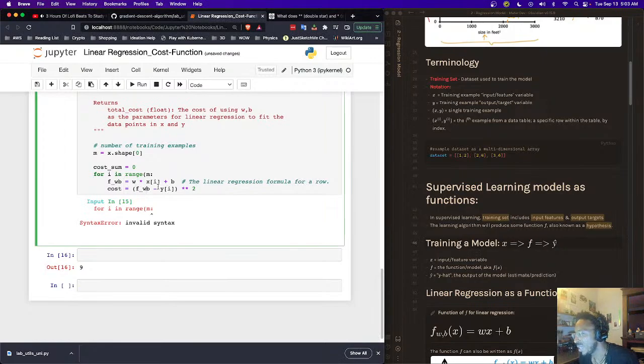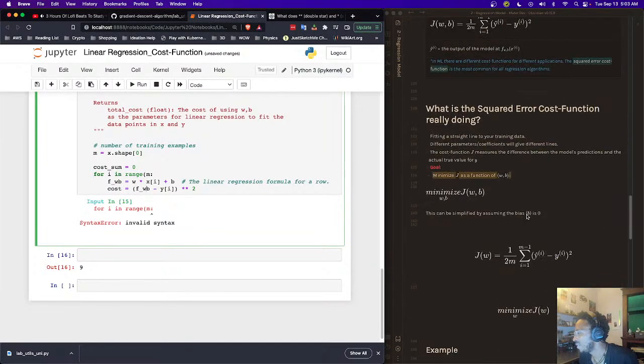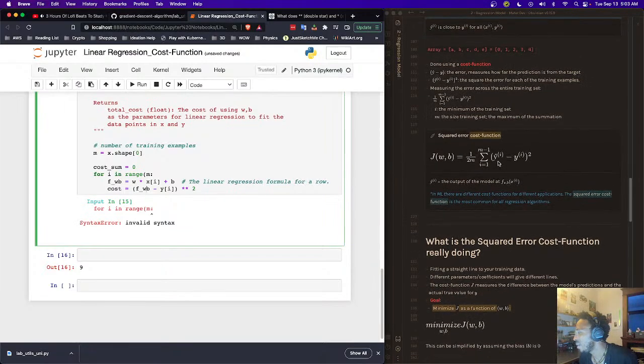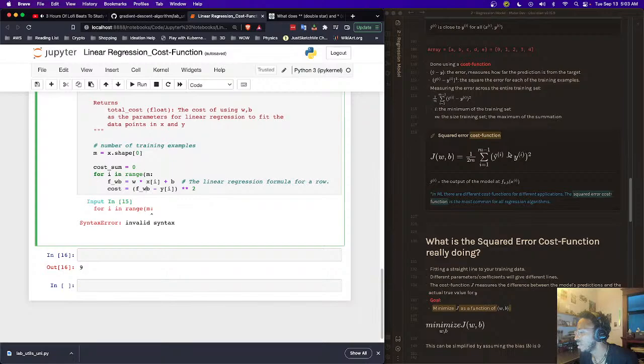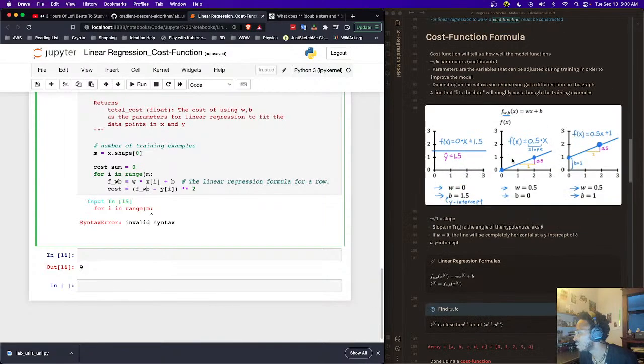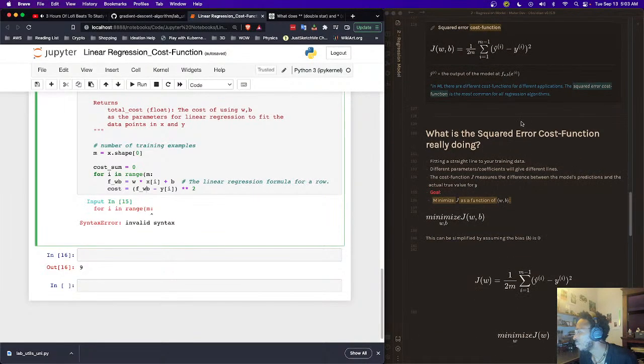So what we're doing here with the cost function is taking the prediction that we get from some x, subtracting it from some actual training y, and then squaring that, and that's going to give us a cost for that index at least.